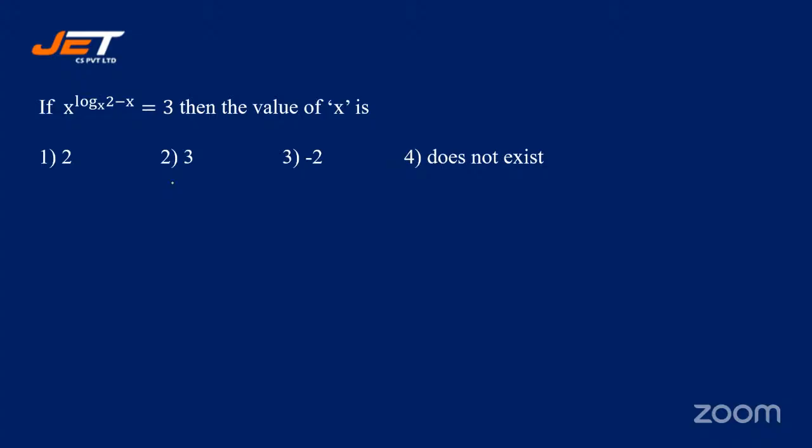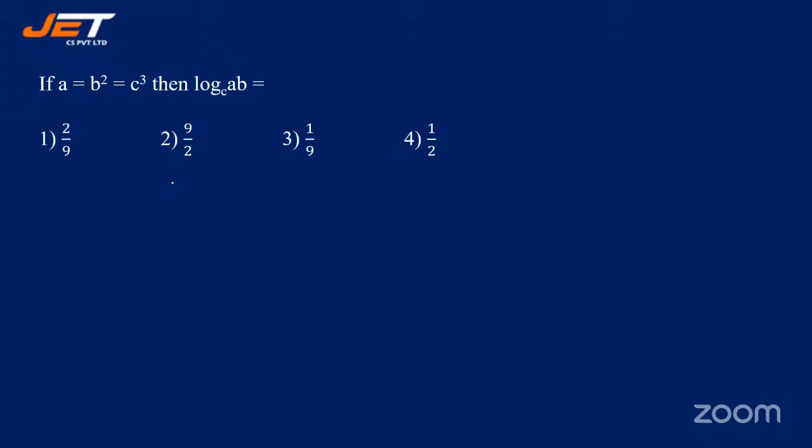If the base is same, then we can compare, since the base is same, the power will also be same. But here, this cannot happen at all because the base is x, and that side it's 3. So we cannot exactly find out, isn't it? So it does not exist. Now see the next question.